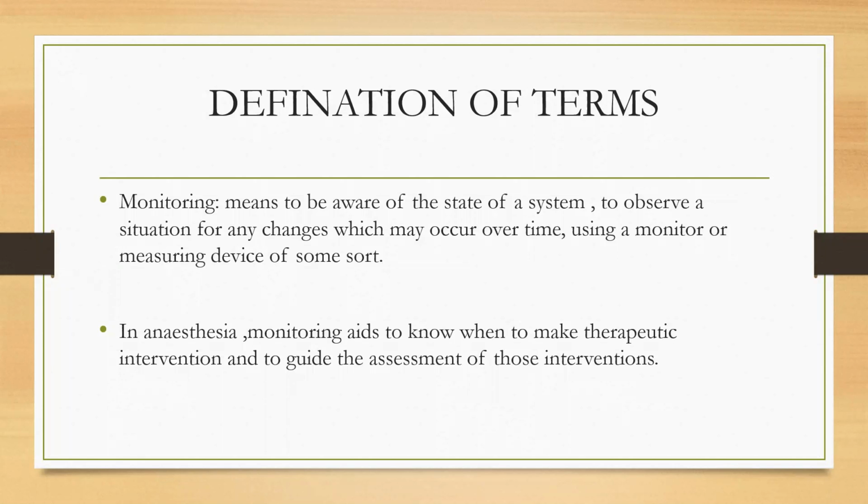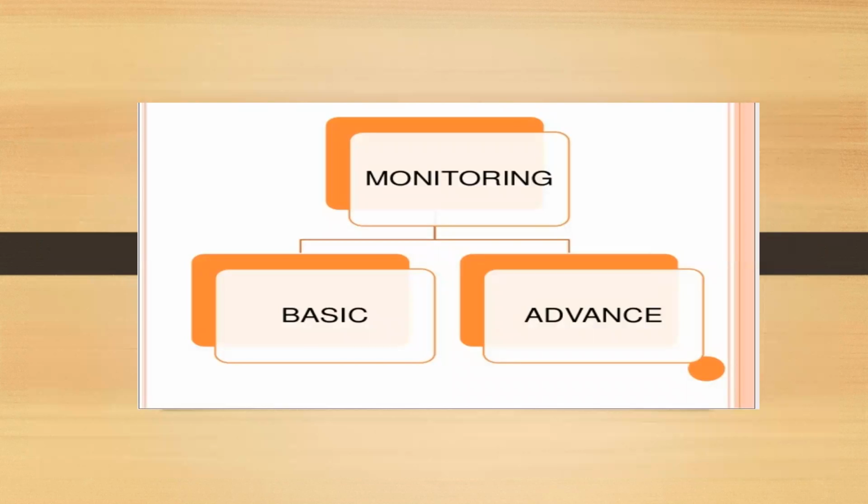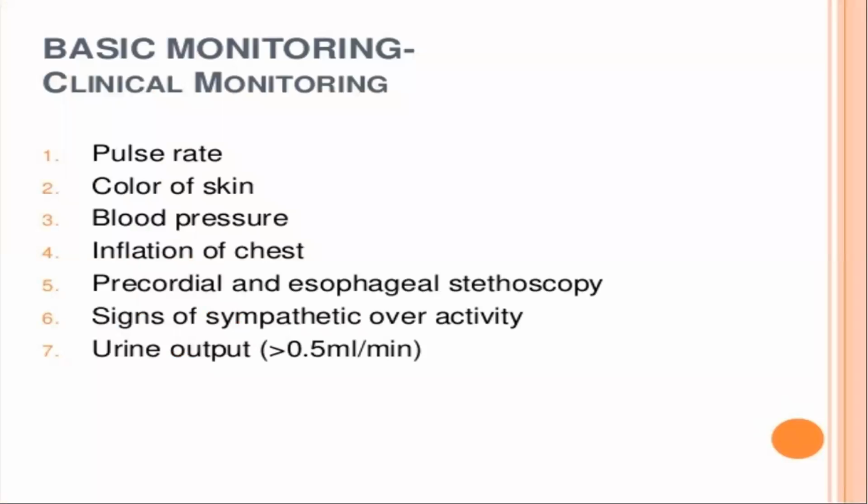Monitoring means to be aware of the state of a system, and to observe the situation for any changes which may occur over time using a monitor or measuring device of any sort. In anesthesia, monitoring aids to know when to make therapeutic intervention and to guide the assessment of those interventions. Monitoring includes basic monitoring and advanced monitoring.